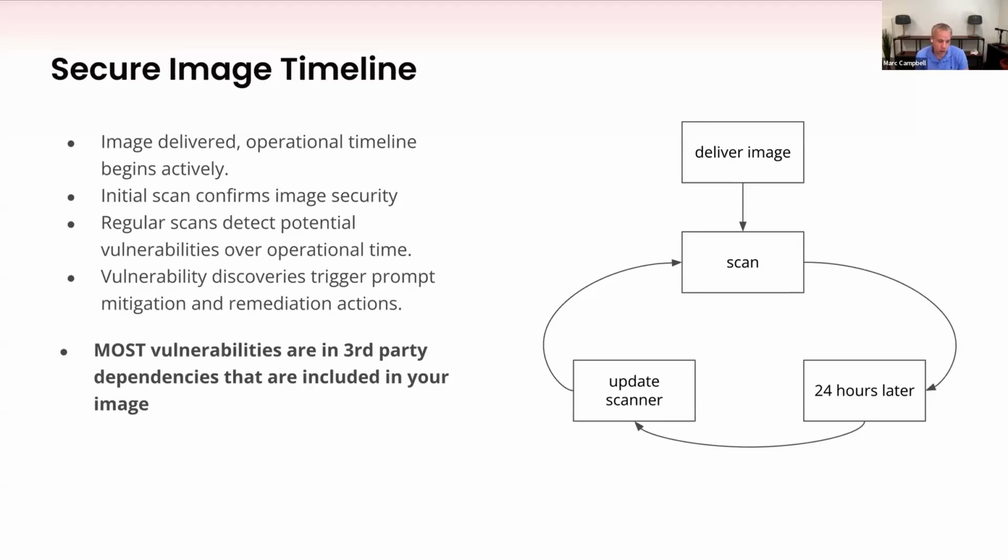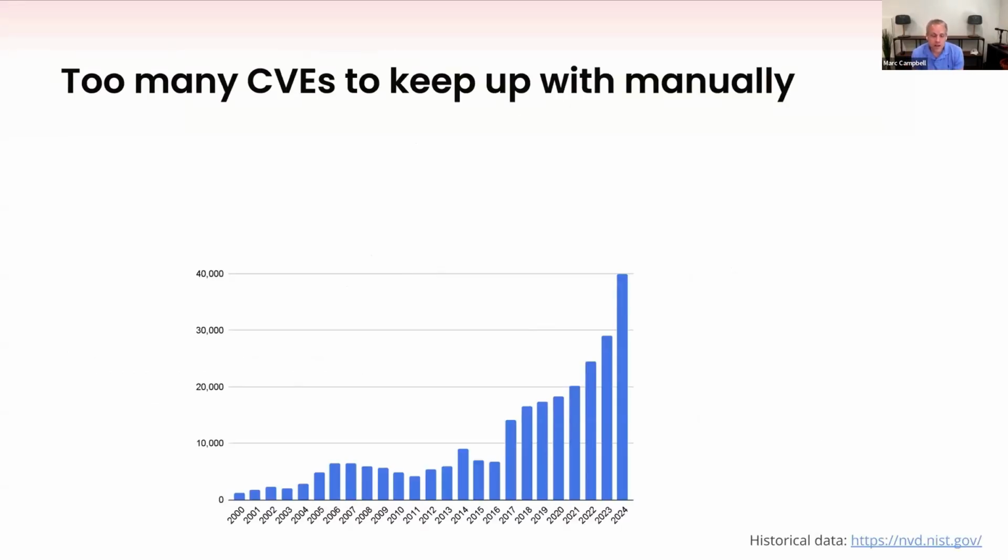And it's good to point out here too that most of the vulnerabilities are not actually discovered in the code you're writing. They're discovered in the dependency tree of everything that goes up. And it's not even direct dependencies. It's often something deeper and deeper into that dependency tree. And there are just so many CVEs. It's impossible to keep up with manually. NIST shows a graph where there were 40,000 publicly disclosed CVEs last year.